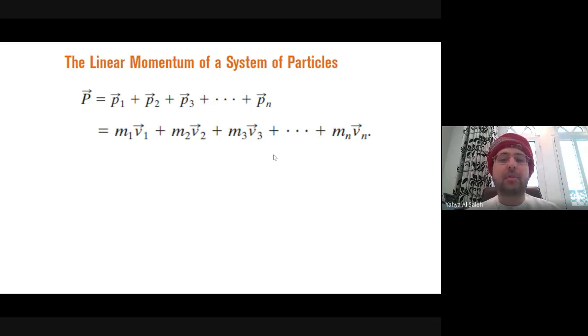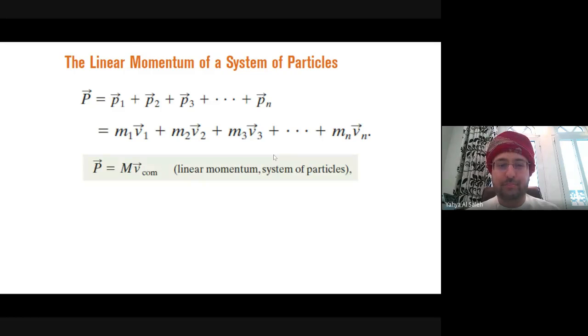But remember, the addition is a vector addition, not a scalar addition. You can write this down, we will speak about something called the center of mass in 9.6.